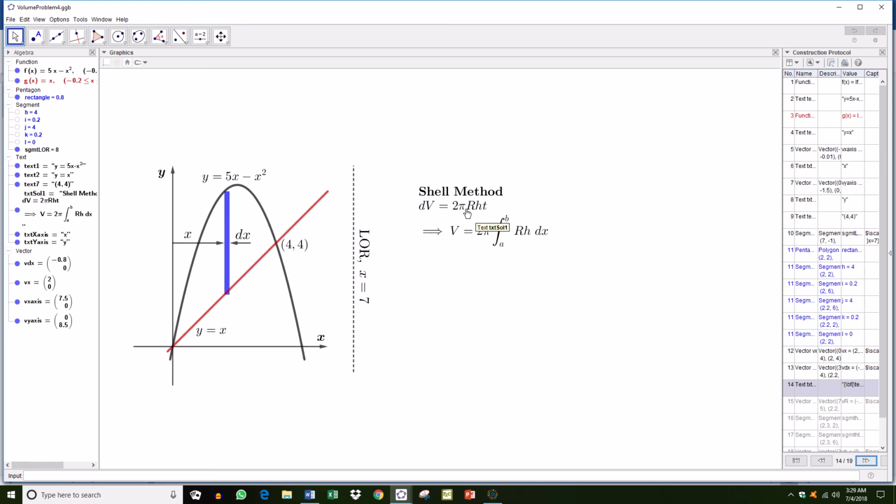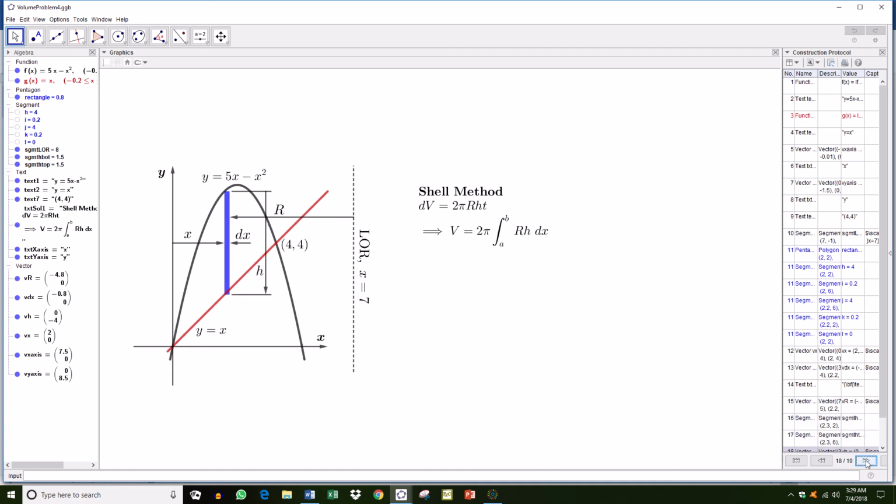Okay. R is the distance from the line of revolution to the rectangle along the horizontal direction here. And h is the height of the rectangle, so that distance, and t is the dx.